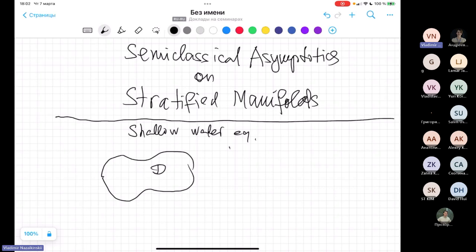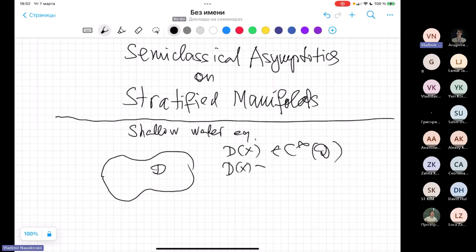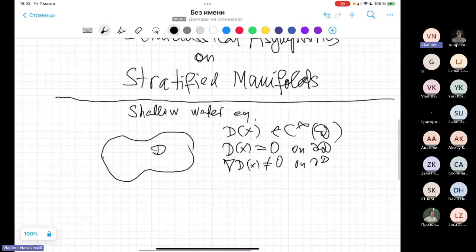And we have here the depth function d of x, which is C infinity of the domain D. Maybe not a very good notation, but whatsoever. d of x is 0 on the boundary, and the gradient of d is non-zero on the boundary.